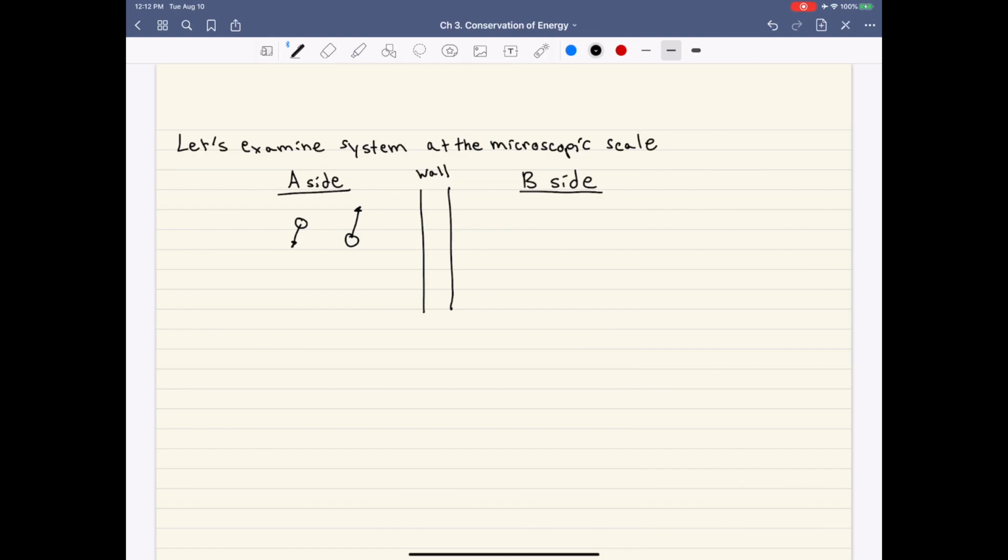And so if side A was at a higher temperature, that means these molecules were moving around very quickly. They're moving around all over the place. Well, when they're moving around, these molecules can also accidentally collide into the wall. And when they collide into the wall, in contrast to the assumption made before when we said it was an elastic collision, what we could say is that when they hit the wall, the molecules will transfer some energy from themselves to the molecules in the wall.